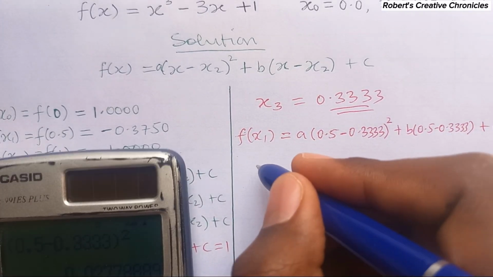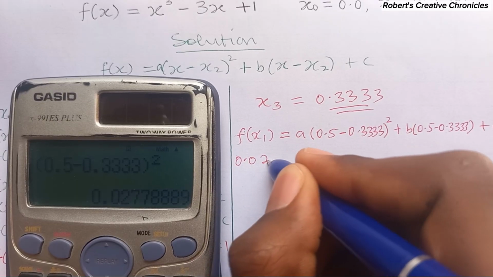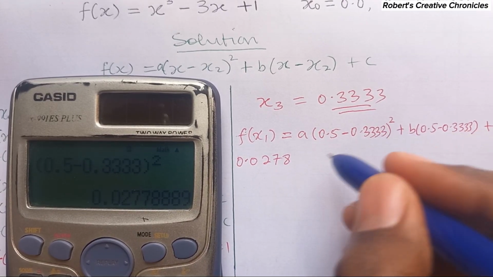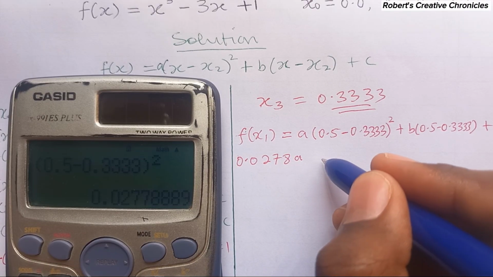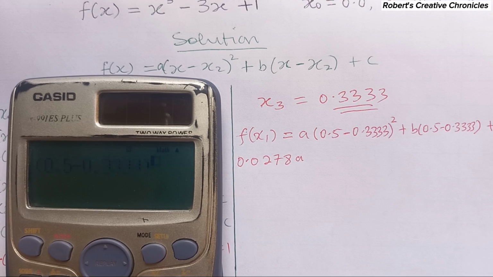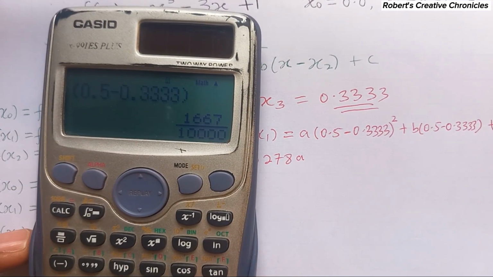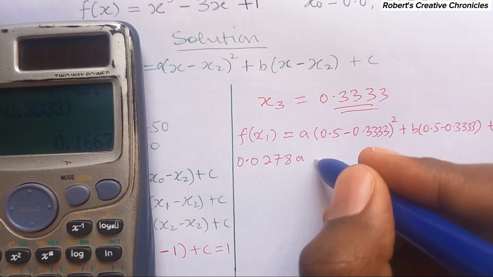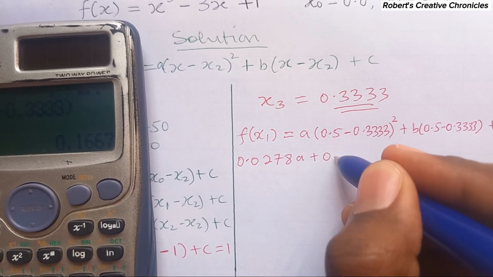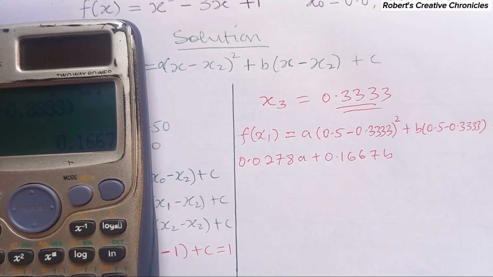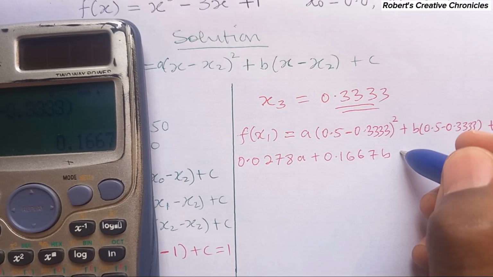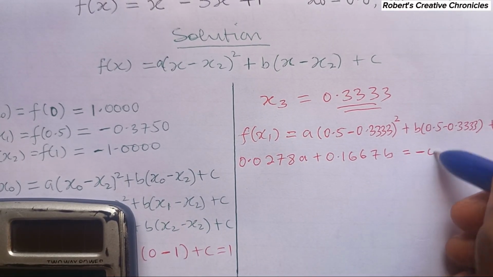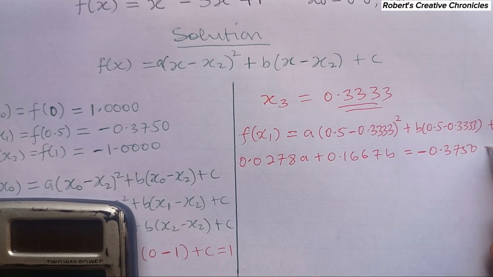So now this is equal to 0.0278 a plus 0.1667 b, then negative 0.3750 minus c.